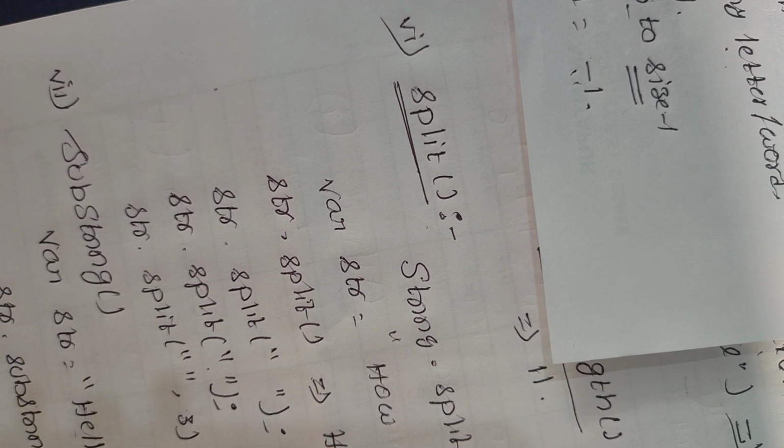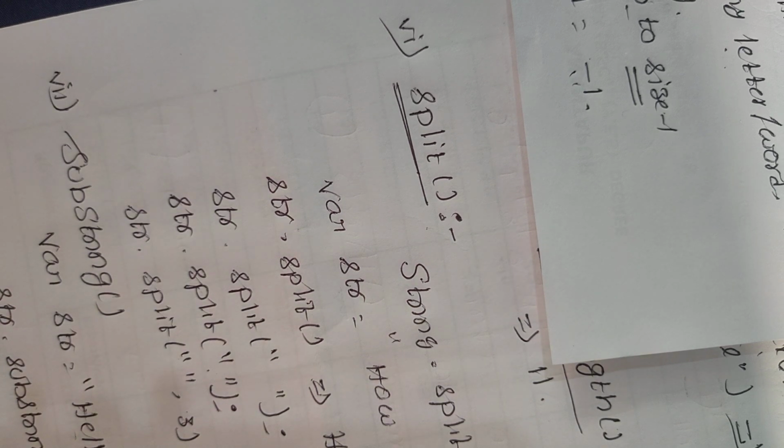The substring method extracts the characters from a string between two specified indices and returns the new substring. This method extracts the characters between from and to, not including the to itself.